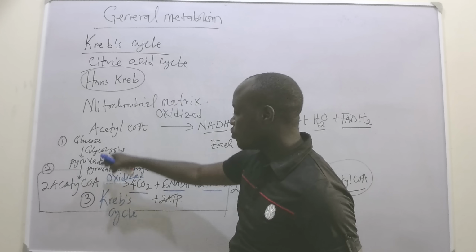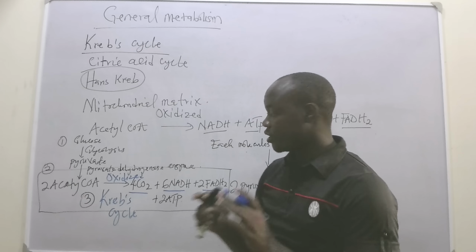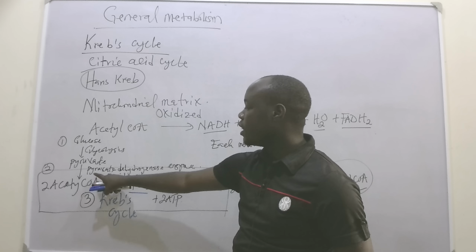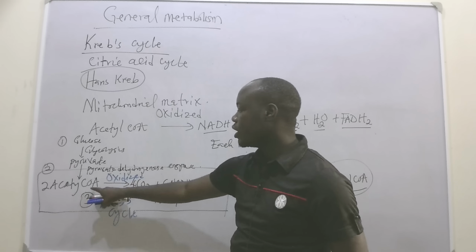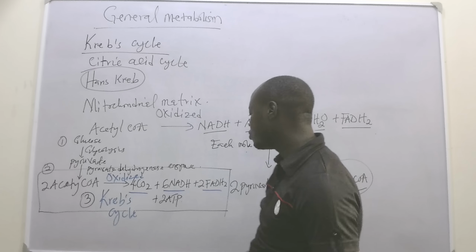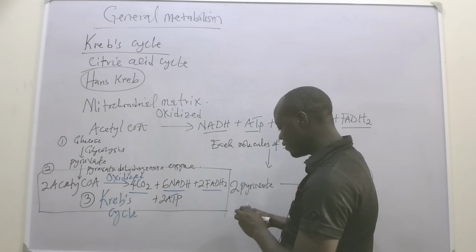So you see, these are the steps of cellular respiration. The first step is conversion of glucose to pyruvate, and then the second one, conversion of pyruvate to acetyl CoA, and then the third step is the conversion of acetyl CoA to reducing equivalents, which are NADH and FADH.